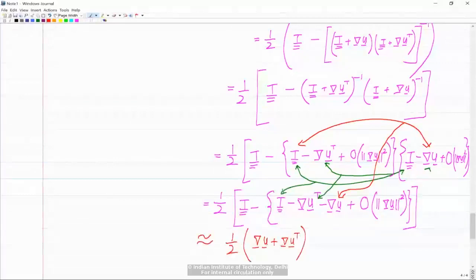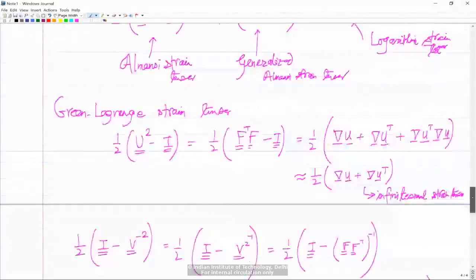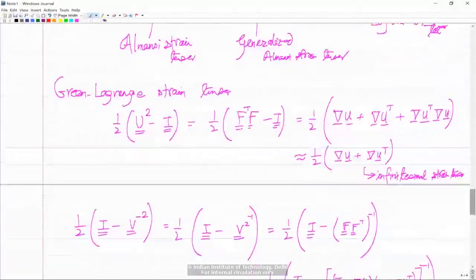So you can see that the significant term, the linear in u part, is the same for both these strains. And it turns out all the definitions of strains, when you linearize in displacement u, give you the same infinitesimal strain tensor formula.